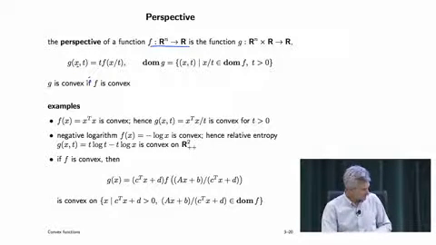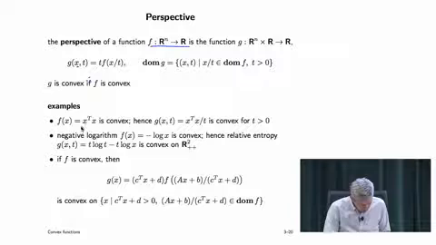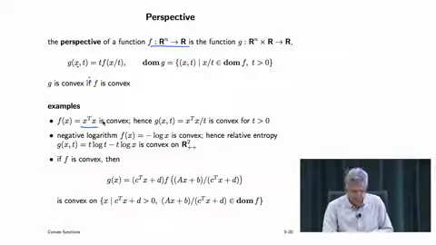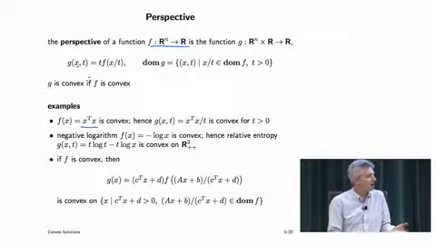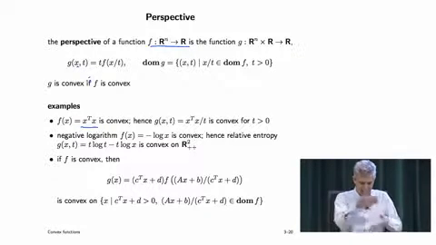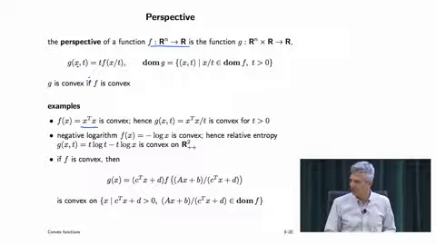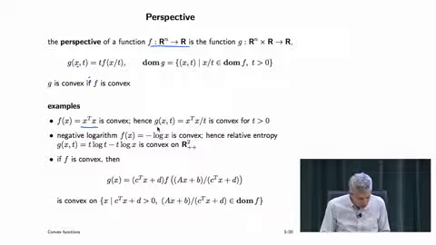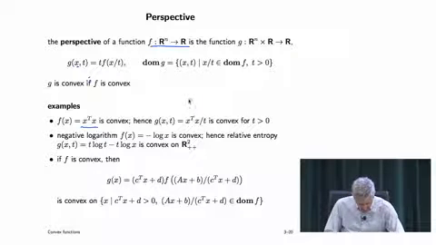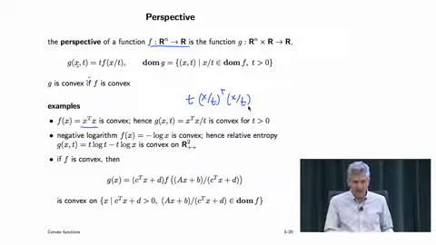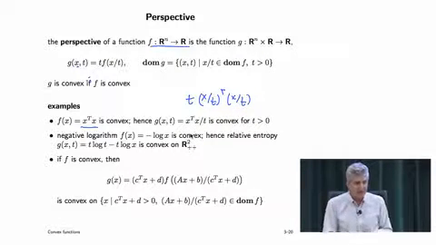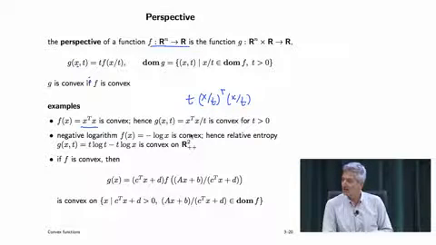So let's look at some examples. f(x) = x transpose x, the sum of the squares. That's convex. In some ways that's your canonical smooth convex function. The graph is a bowl. It couldn't get simpler than that. If you calculate the perspective of that, you take t times (x/t) transpose (x/t), and when all the smoke clears, you get the sum of the squares divided by t, and that's convex.